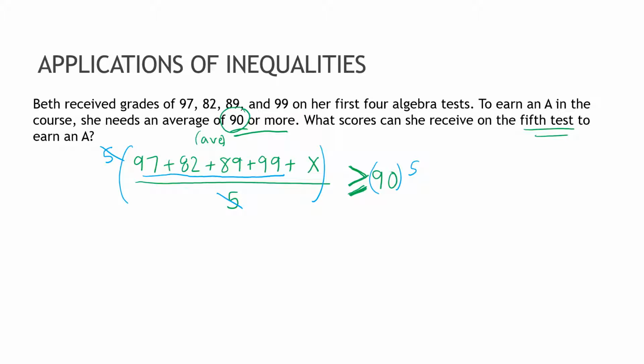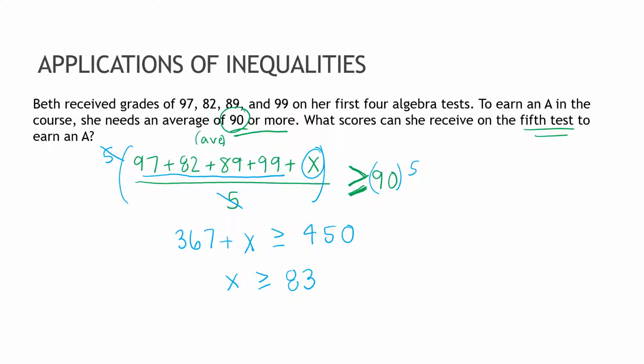And so the left-hand side is 367 plus x, because I still don't know this guy, is greater than or equal to 90 times 5, which is 450. Well, now it's a really easy question to solve, because I'm just going to take 450 minus 367, and I'm going to get x is greater than or equal to 83.